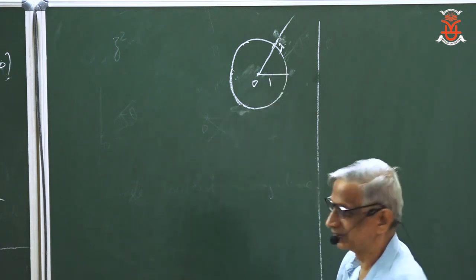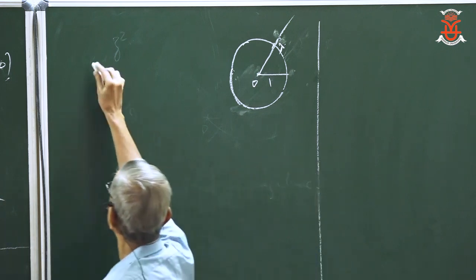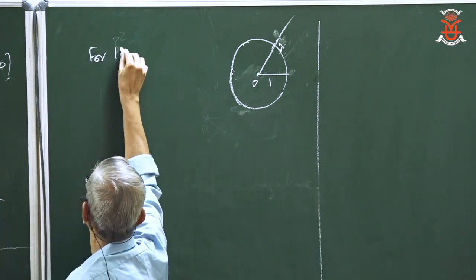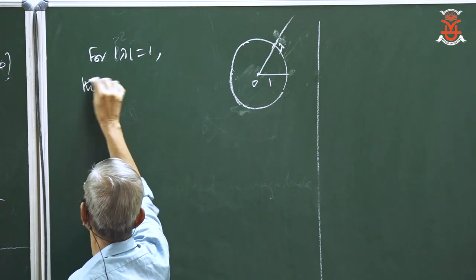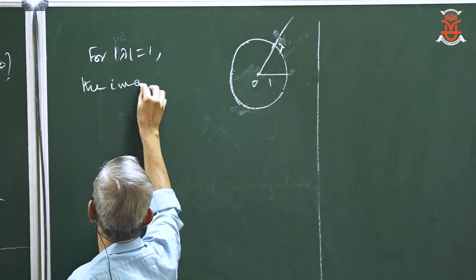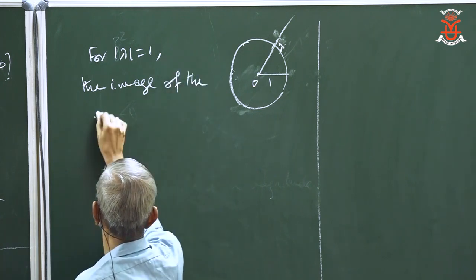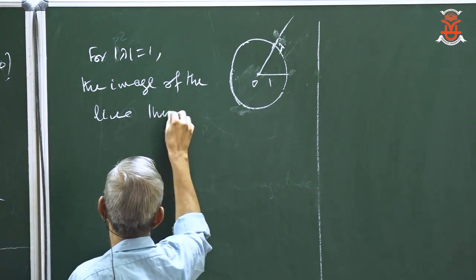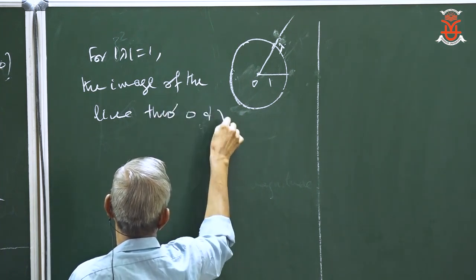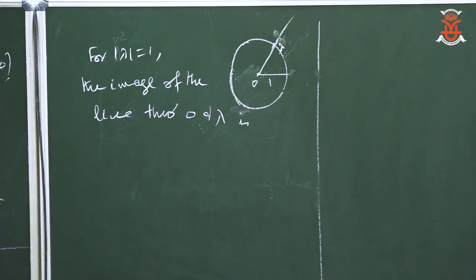Or the whole line if you want, doesn't matter. So what is the image? So for lambda, mod lambda equal to 1, the image of the line through 0 and lambda is a lambda plus b lambda bar.